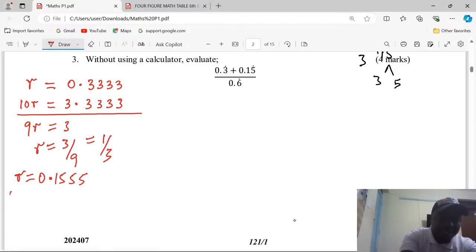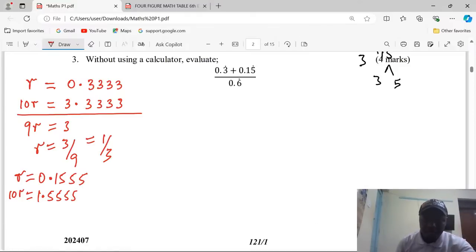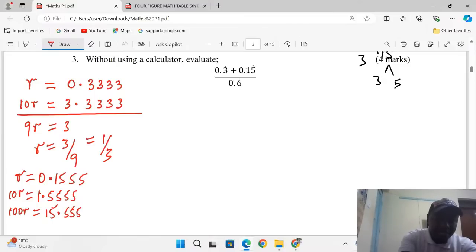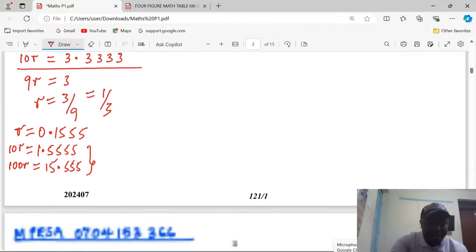So we can say 10R is equivalent to 1.555. At that point, if you subtract the decimal parts, you will not get 00. So you continue, 100R. This shall be 15.555. So we can see if we subtract the second and the third, we can get 00 on the decimal part. And so we can start now subtracting.